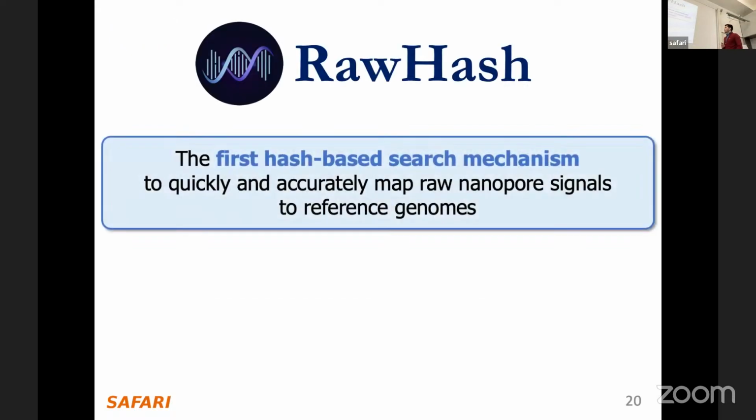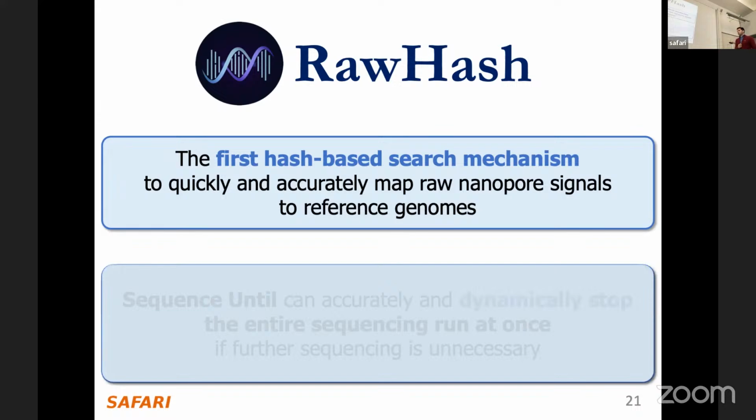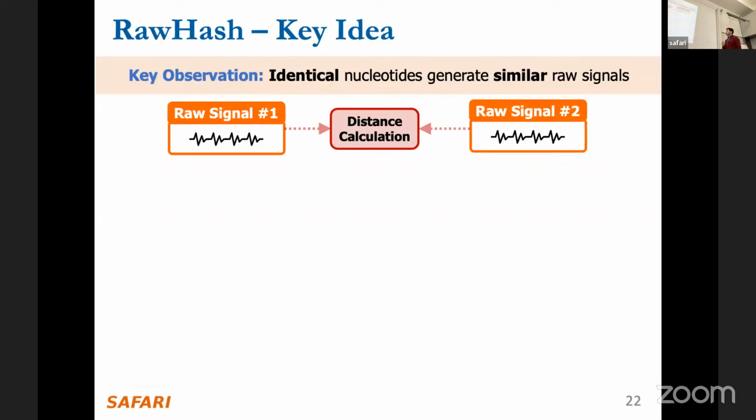To this end, RawHash has two key contributions. One is the first hash-based search mechanism to quickly and accurately find similarities between a raw signal and a reference genome. The second contribution is Sequence Until, which can dynamically stop the entire sequencing run if further sequencing is unnecessary. So we will cover the first contribution now.